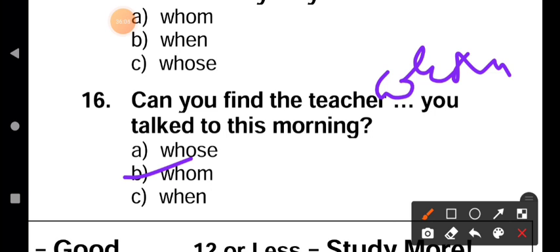The teacher, with the definite article, a particular teacher. When indicates time, whose is possessive. Whom is the right answer. Can you find the teacher whom you talked to this morning? It is the objective pronoun, whom. And this is the last one, my dear students.